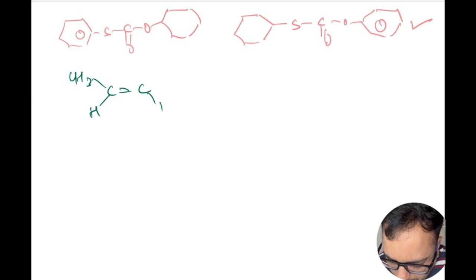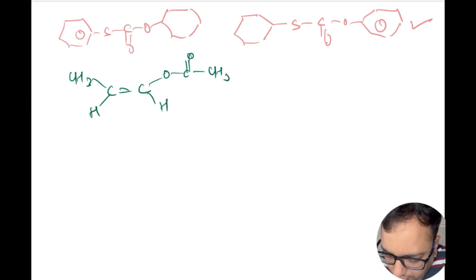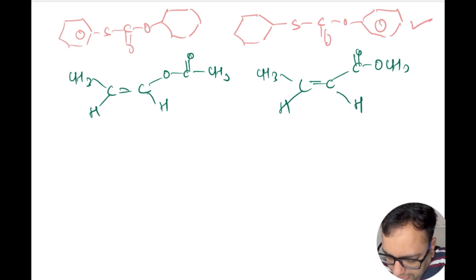CH3 C double bond O, H, O C double bond O CH3. And CH3 C double bond O, C double bond O CH3, then H, then H. Okay, so that is actually the same compound, but if we rotate, what is the relation between them?